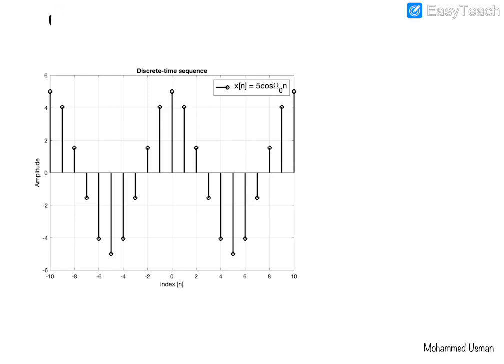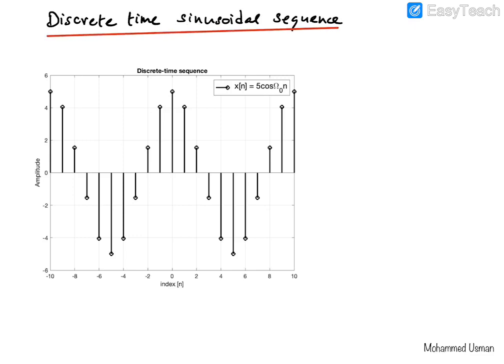This is a discrete time sinusoidal sequence. In the discrete version, normally we call it a discrete sequence rather than a discrete signal, because it comes out as a sequence of numbers. So we generally use the word sequence in the discrete case.